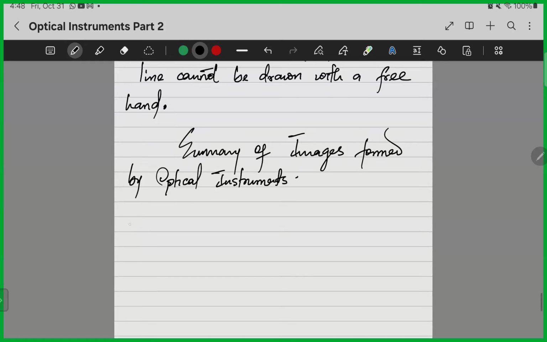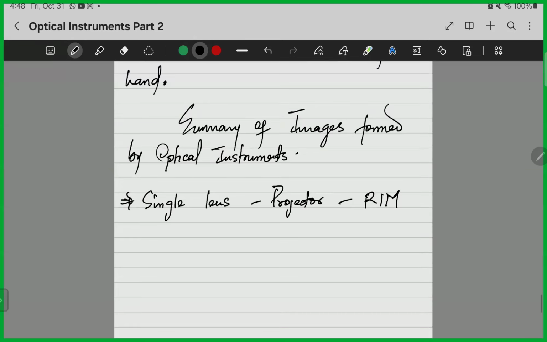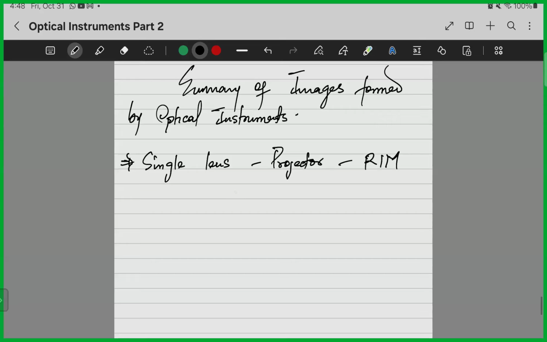There are some of them that have single lenses, and those are things like the projector. A projector forms RIM. You should know the meaning of that by now: real, inverted, magnified. Don't worry, I'll give you the code at the end. A camera or eye forms RID, that's real, inverted, diminished.